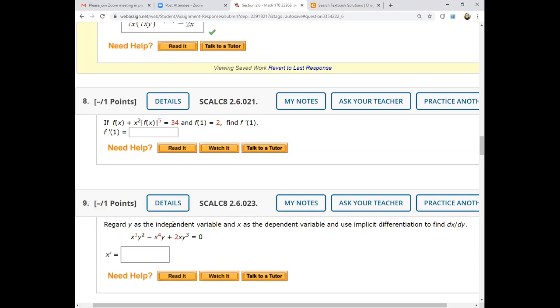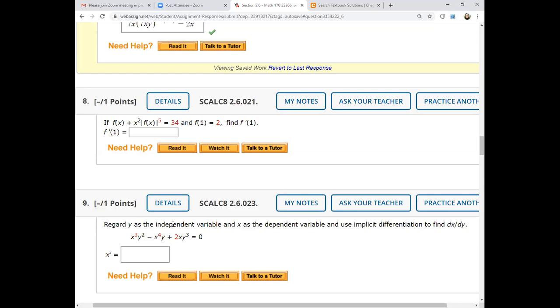And you still have the f prime of x in the beginning. Because the first part is a sum, I don't have to multiply the first f prime of x by anything.